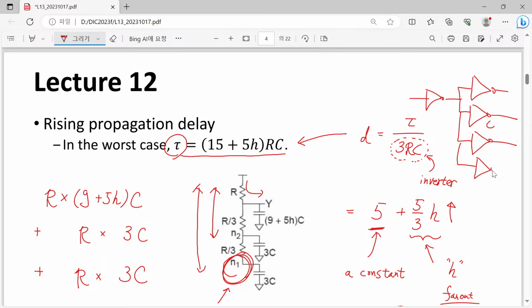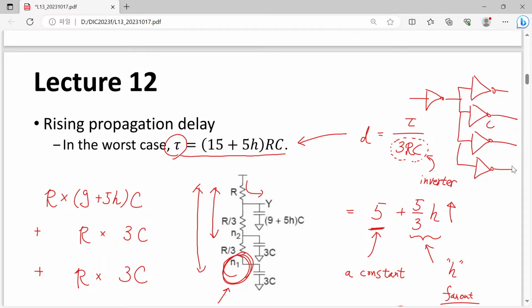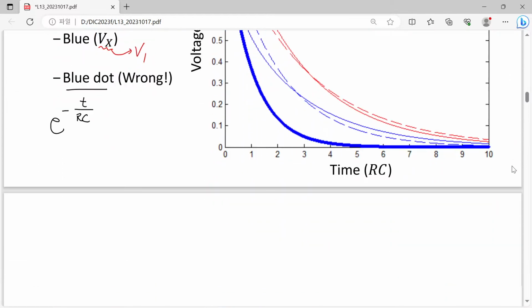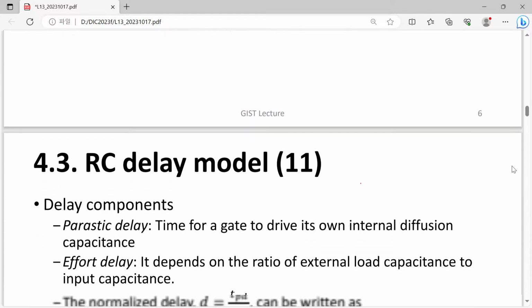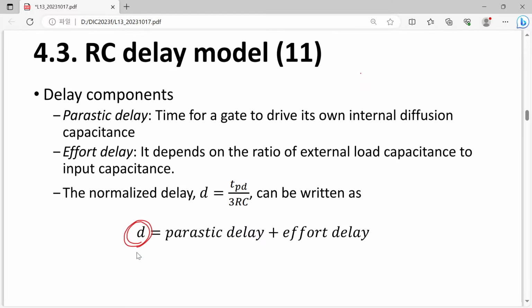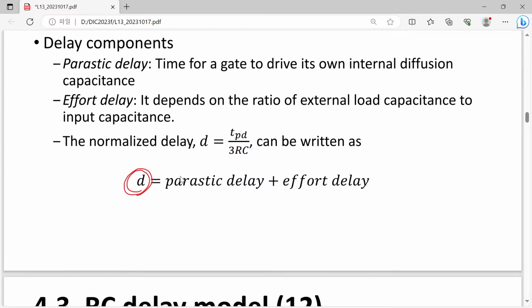This is the case we can think of as fan out. So from this observation, now it is clear that our normalized delay can be decomposed into two terms.